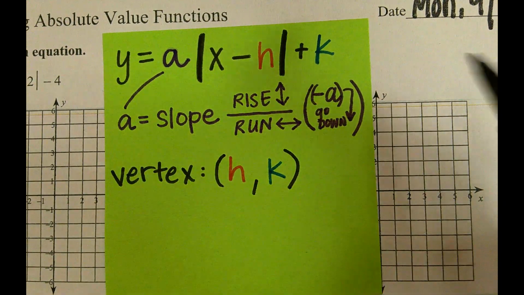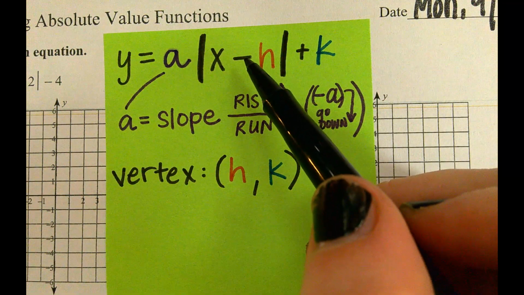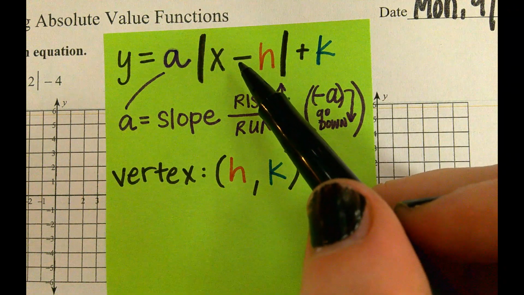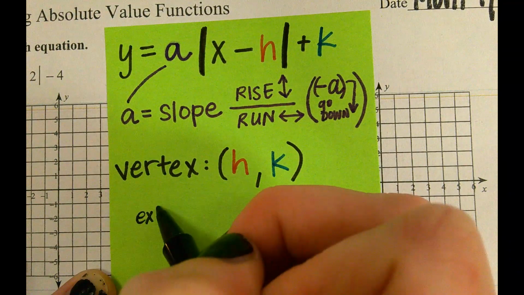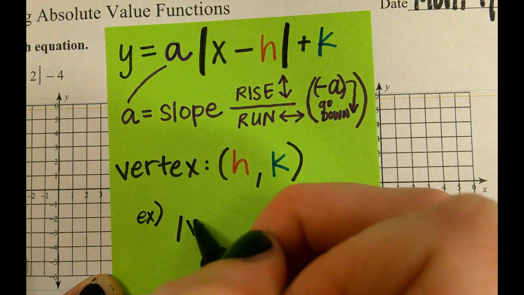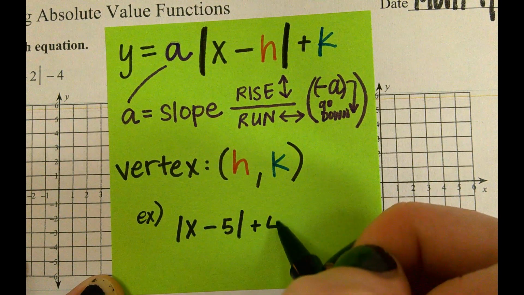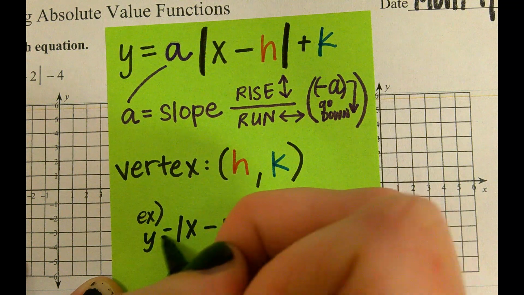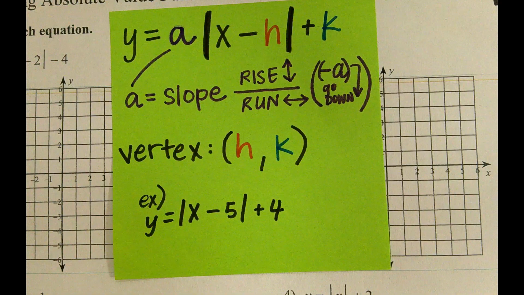Now, something to keep note of and to remember is that the minus sign is part of the formula. So if I have, I'll just put a little example here. If I have x minus 5 plus 4, what would my vertex be?